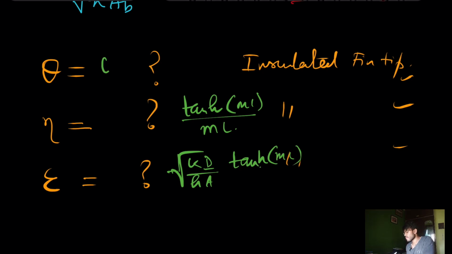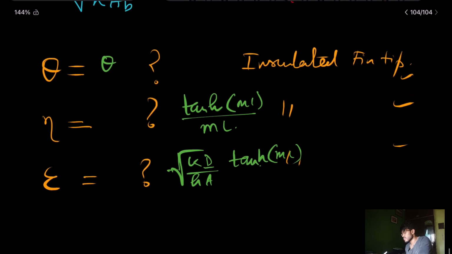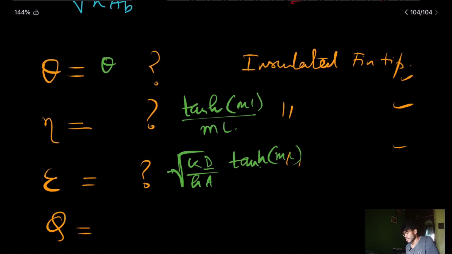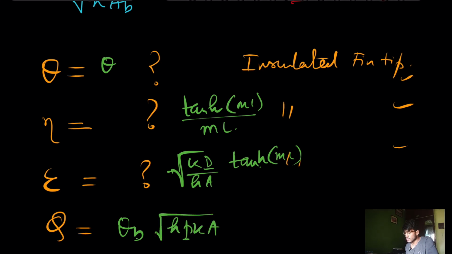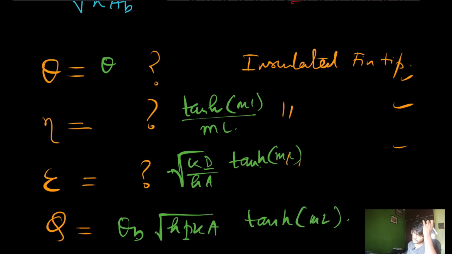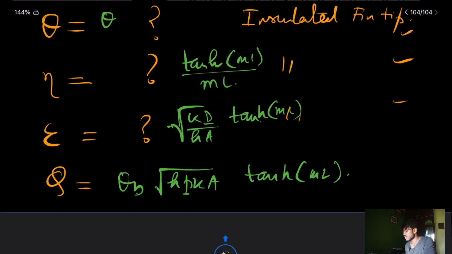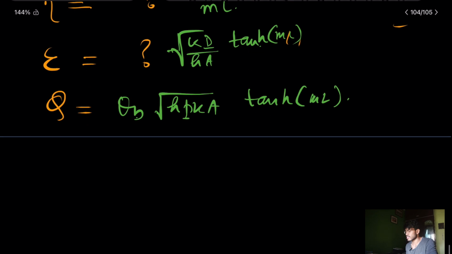And the total heat transfer rate is theta b times sqrt(hPkA) times tanh mL. So everywhere you have to multiply that thing, and this expression, as far as I remember, was having the term cosh mL. I don't remember it exactly.